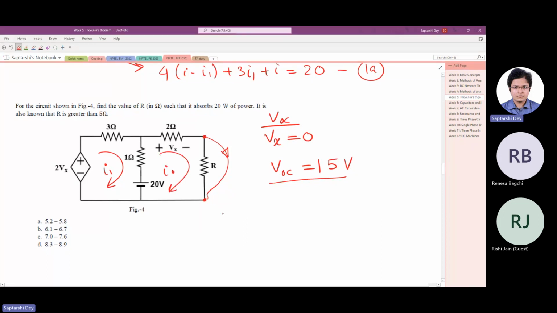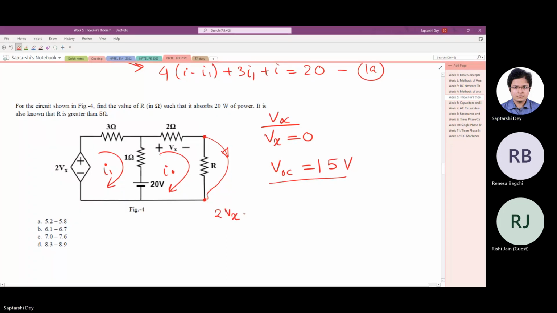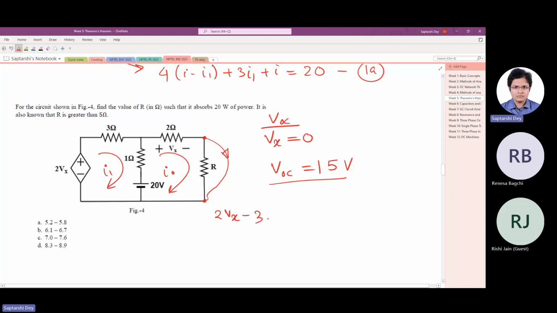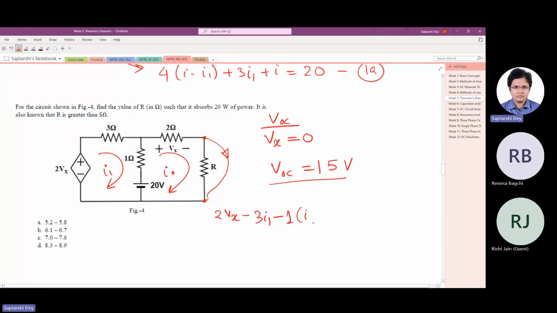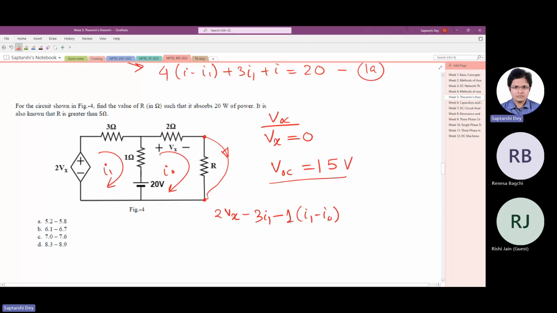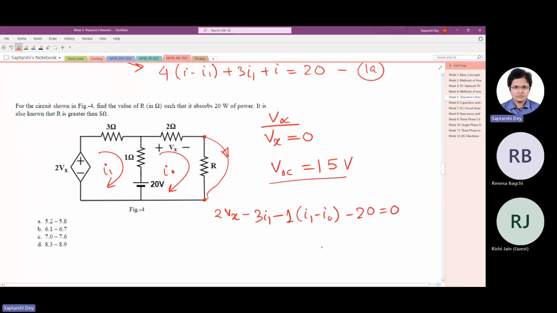So we have to simplify and find I naught. So what we have is 2Vx minus 3I1, that's a drop, minus 1 times I1 minus I naught minus 20 equals 0. That is the KVL in this loop.